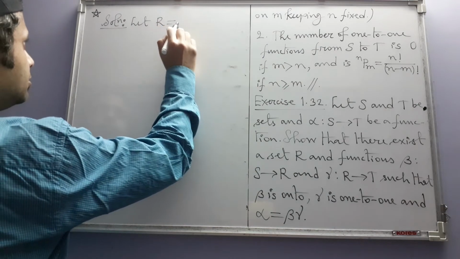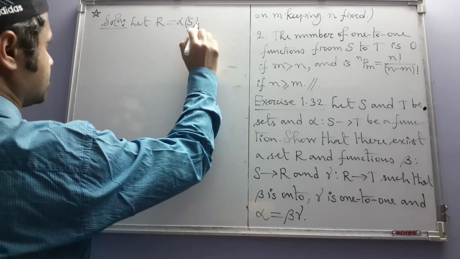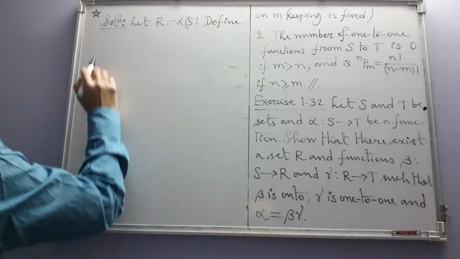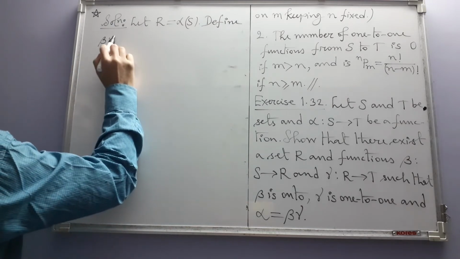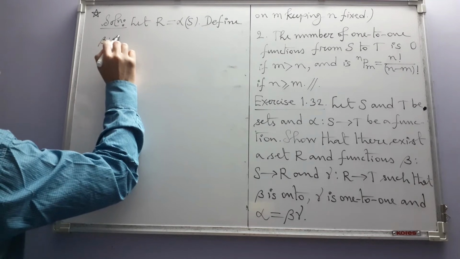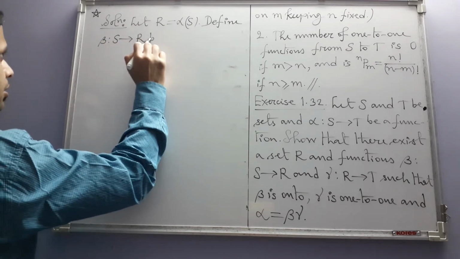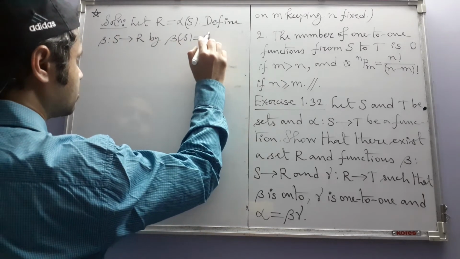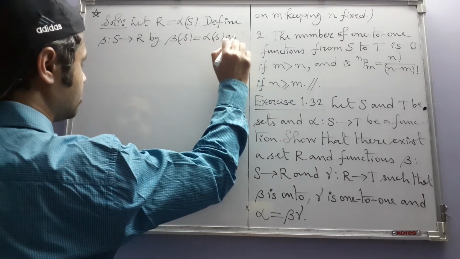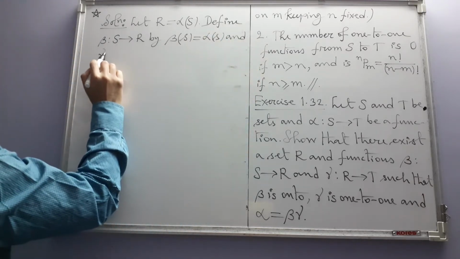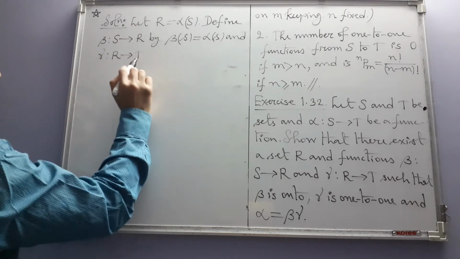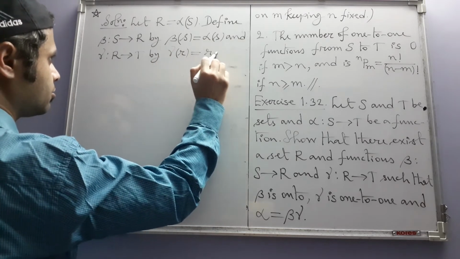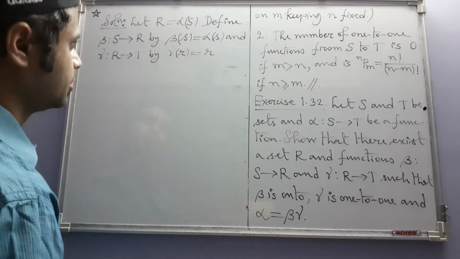So let R be alpha of S. Define beta from S to R by beta of s equal to alpha of s, and gamma from R to T by gamma of r equal to r. Okay.